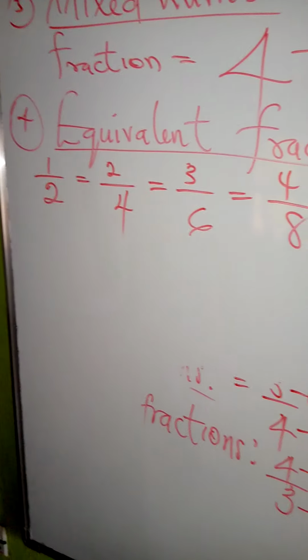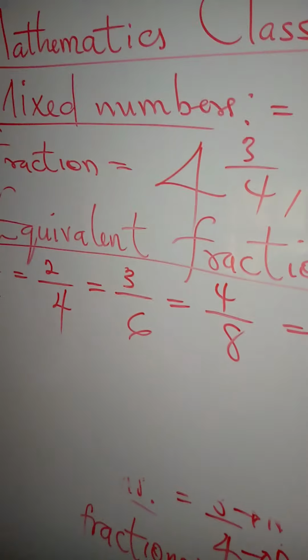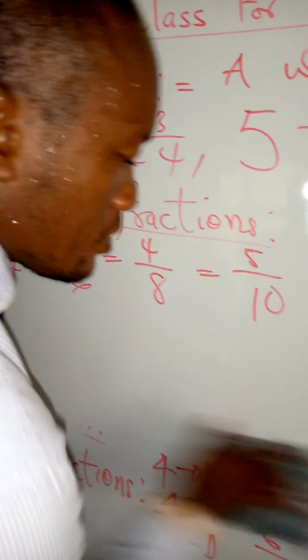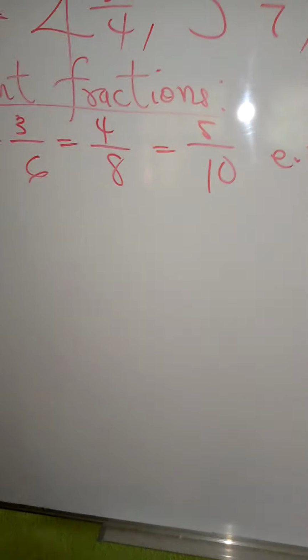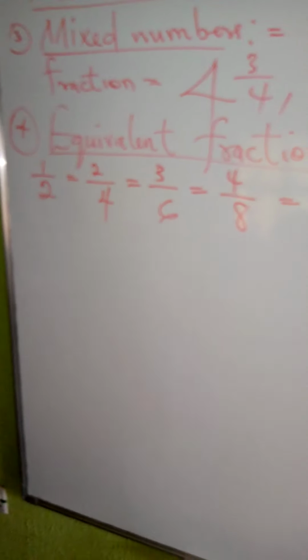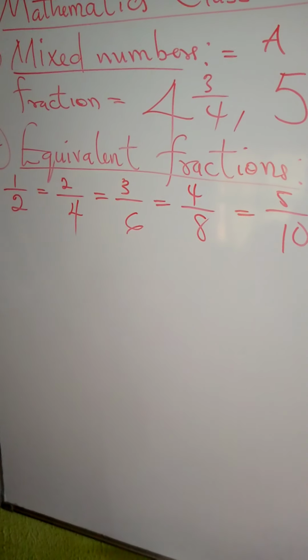So any group of fractions equal to each other is called equivalent fractions. From the example on the board, you will discover that I used 1 over 2 to build other equivalent fractions.